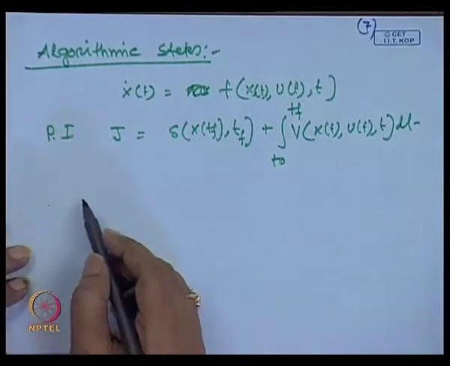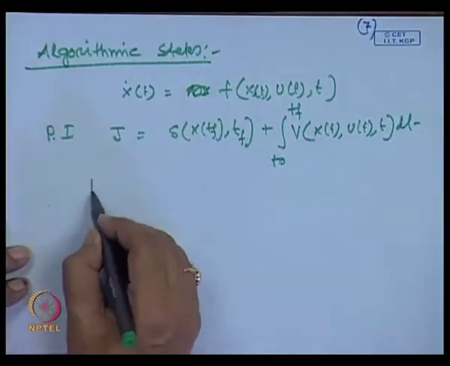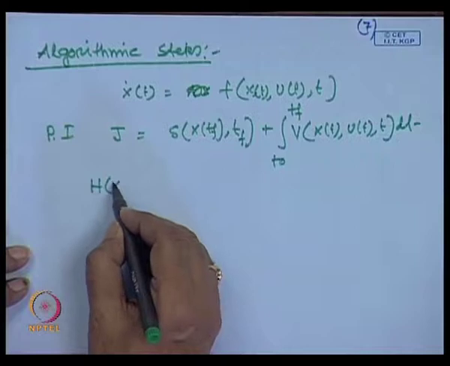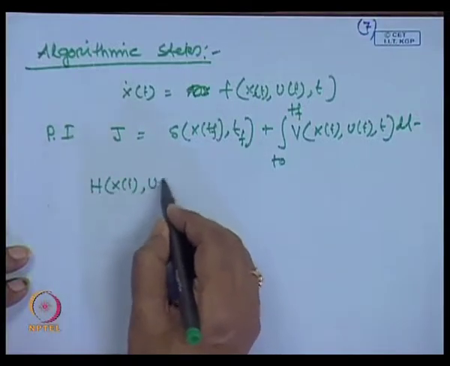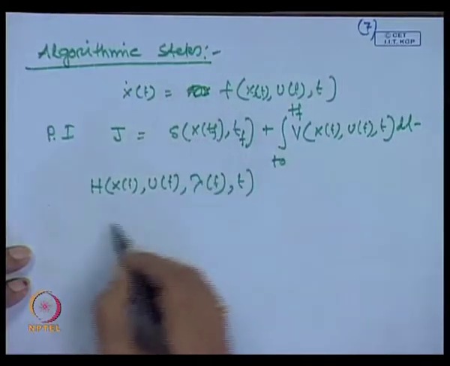What do you form? The first step is to form the Hamiltonian function H of x of t, u of t, lambda of t and t. What is the Hamiltonian?